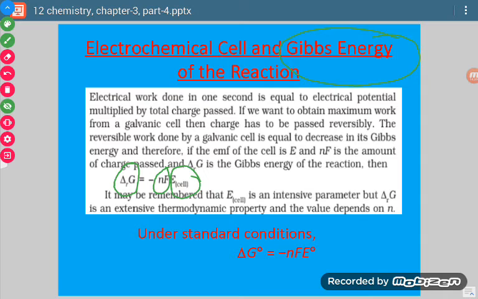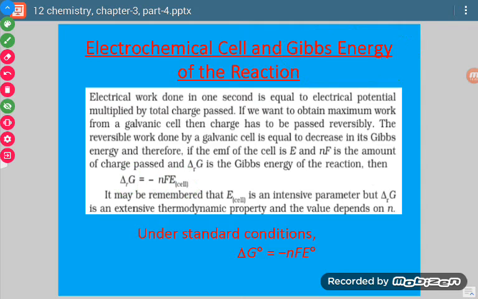Now the negative sign means that this is the energy released. We have done in 11th standard also in the thermodynamics chapter that delta G should be negative for the spontaneity of a reaction. So the negative sign tells us here about the spontaneity of the reaction.